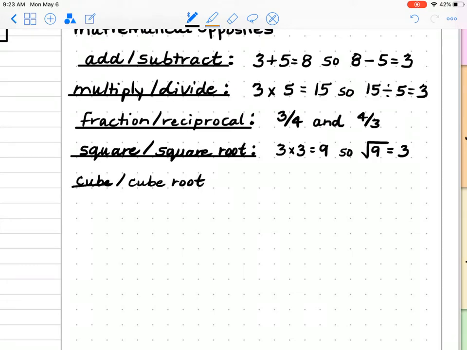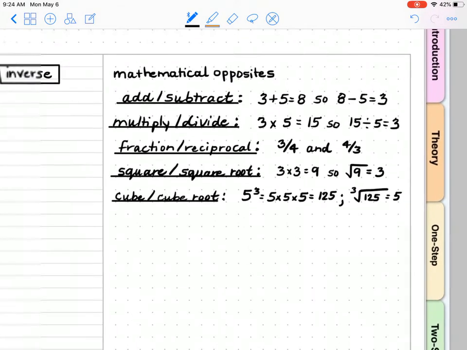So let's take a look at that example. If you have 5 to the 3rd power, or 5 times 5 times 5, that is 125. So the cube root of 125 is 5. So those are also inverses.